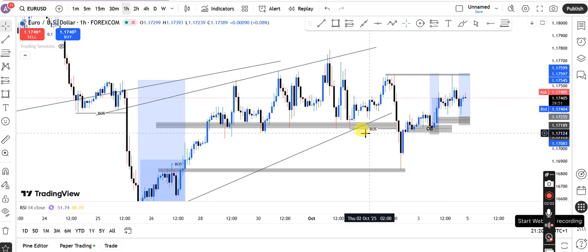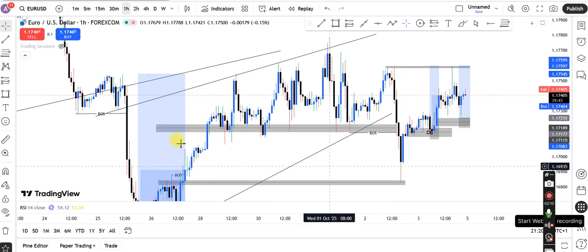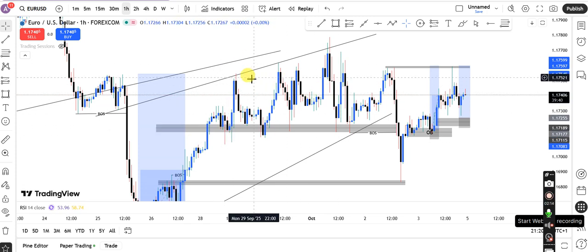And then there was a breaking structure here, went to the downside, and then the market is back into the consolidation. So here, it just depends on how you prefer to take the trades, but you can take advantage of the highs to enter into a sell, take advantage of the lows to enter into a buy.